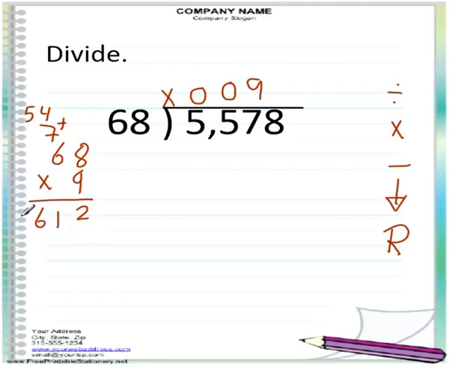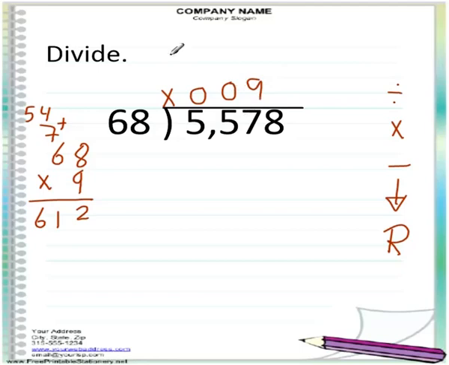Now let us compare the answer with the number. The answer here is 612, but we have just 557. So this is greater, so we can't divide. In this case, we have to change the 9 and make it less.